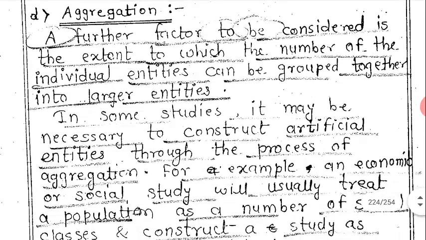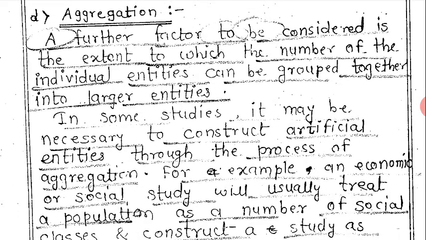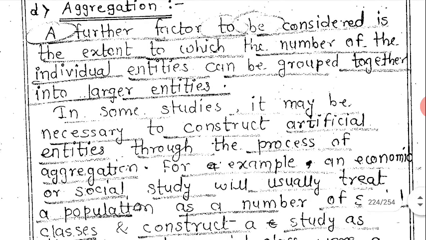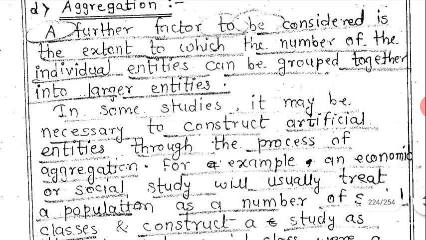And then there is aggregation. We consider factors in terms of the number of individual entities. An entity is an object of interest in the system. These entities can be grouped together into larger entities.